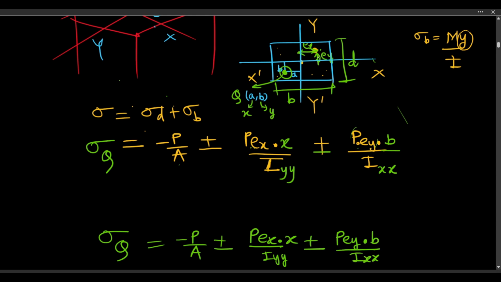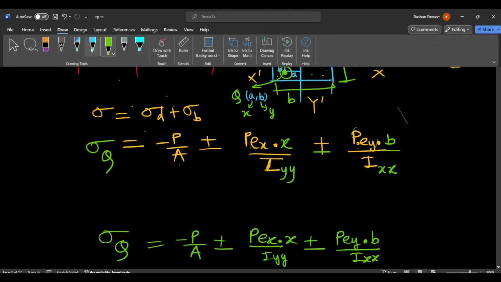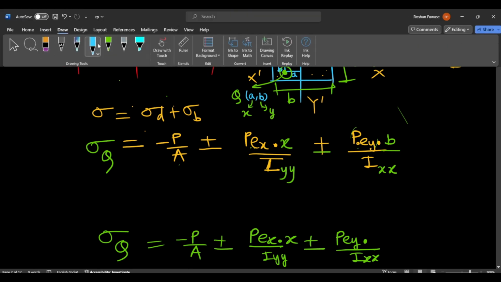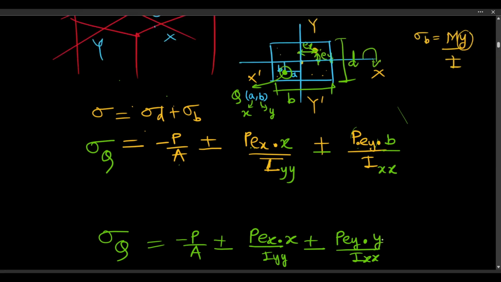Why P ey? This is the moment about the x axis, meaning it will try to rotate like this, and point Q has its distance from the x axis as y. So that is the formula.